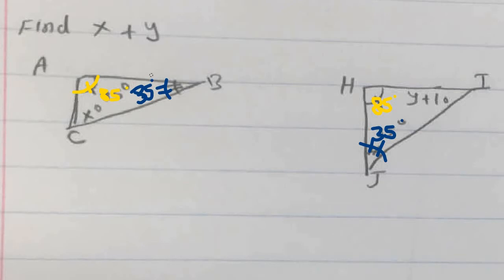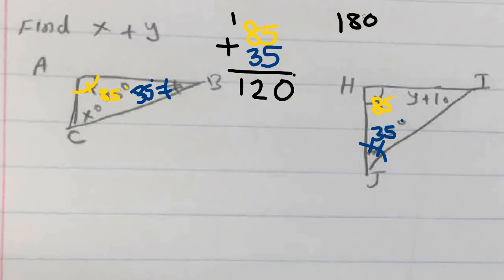So if those are both 85 and those are both 35, then we're going to add 85 and 35 together, and we get 120 degrees. Remember I told you that triangles add up to 180, so we're going to do 180 minus 120.